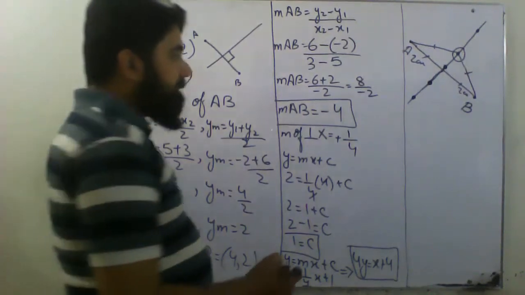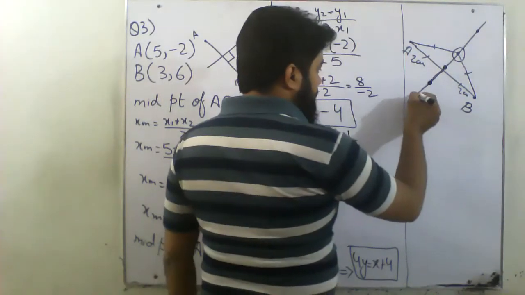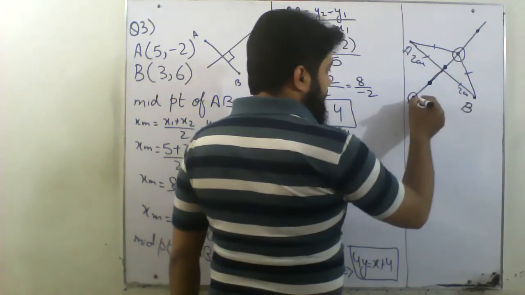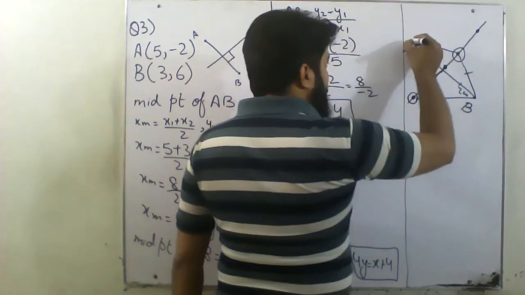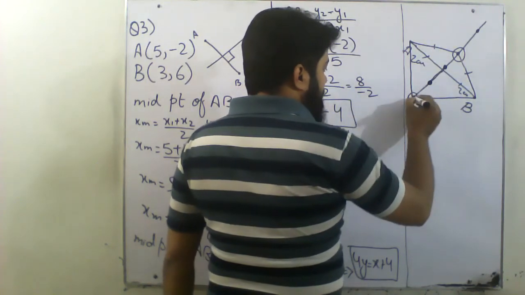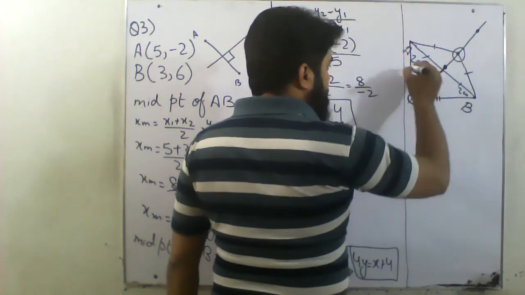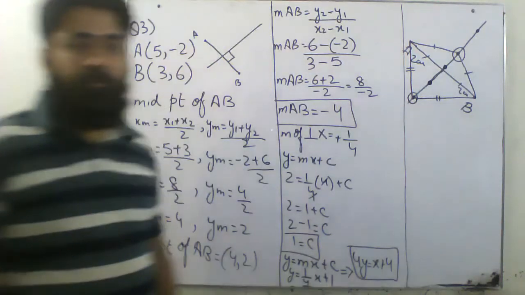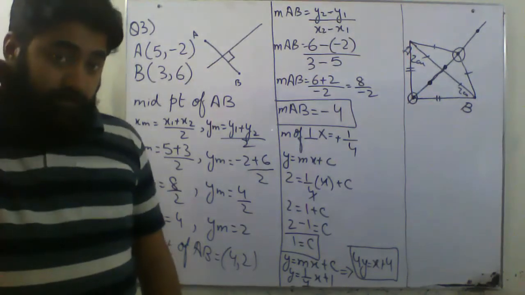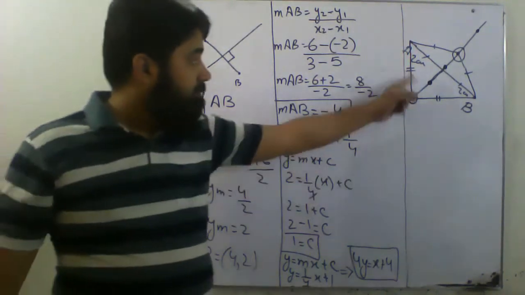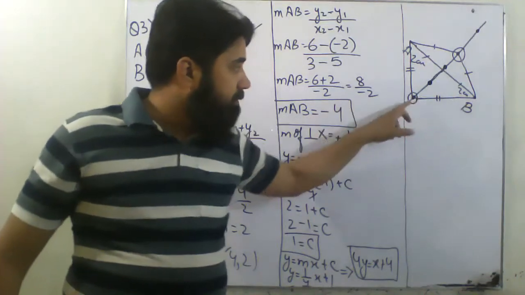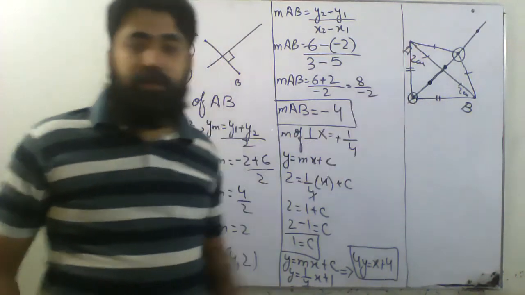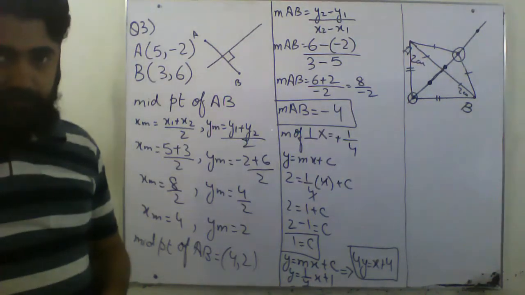Now do the same thing with any other point and check whether they are coming the same or not. Like this one, you can check it and you will see that the length from this point to A and this point to B will also be the same.